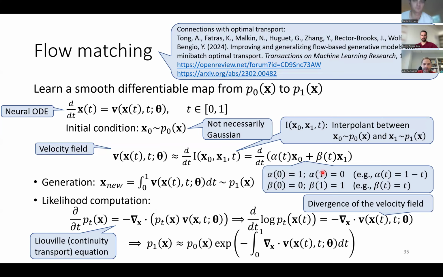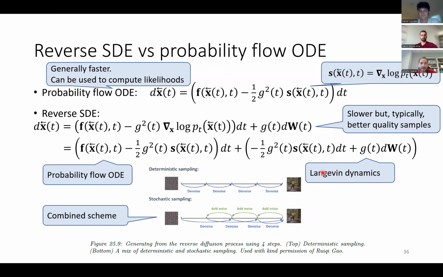Now I have little time because I'm way over. What's interesting, just one thing: it turns out that to do the reverse process, I don't need to do a reverse stochastic differential equation.